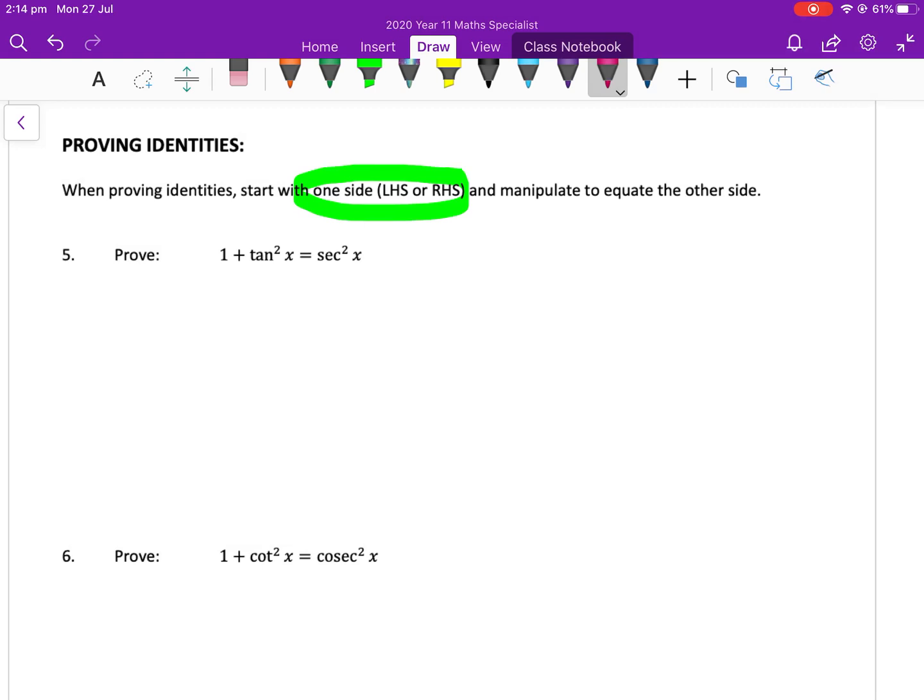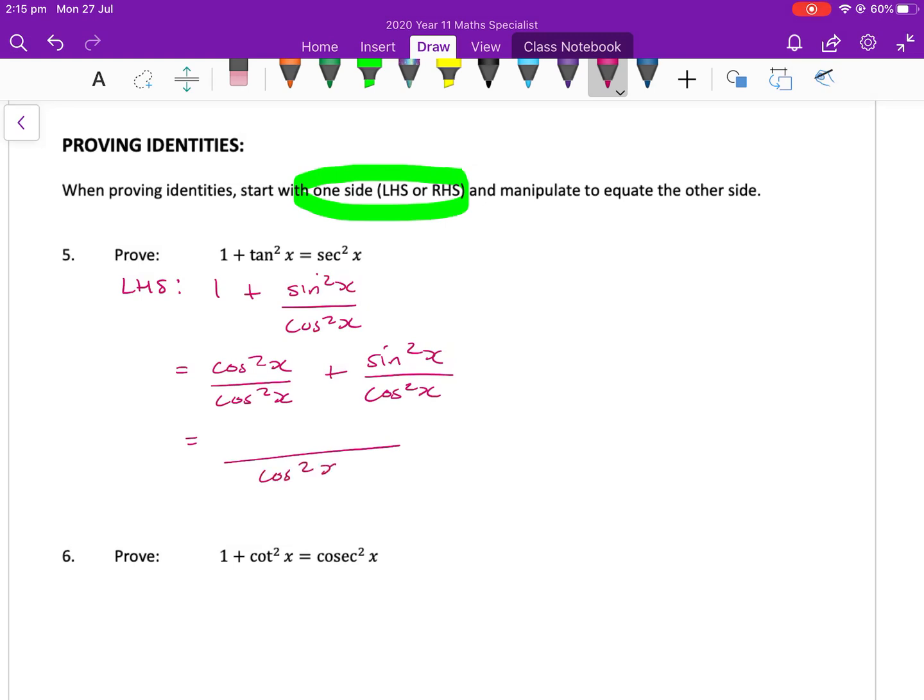Prove 1 plus tan squared x equals sec squared x. So this is one of our alternate Pythagorean identities. I'm going to start with the left-hand side. I'm going to change the tan squared x to sine squared x over cos squared x. I'm going to change my 1 whole into cos squared x over cos squared x, so they've got a common denominator, so I can add these two fractions together into 1 whole fraction.